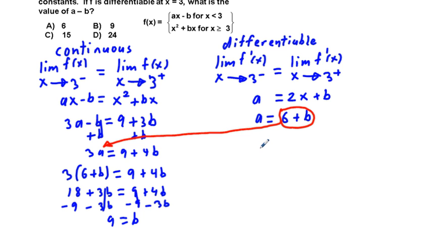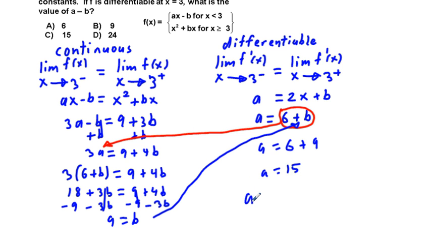And a, we're going to substitute that in for this b here. So a equals 6 plus b, which we've already solved for, which is 9. So a is equal to 15. So we said, what is a minus b? Okay, a minus b equals 15 minus 9, which is equal to 6.